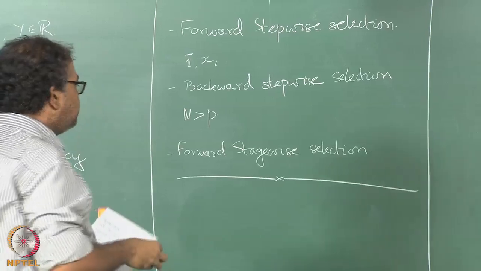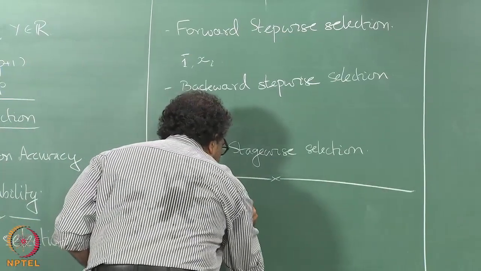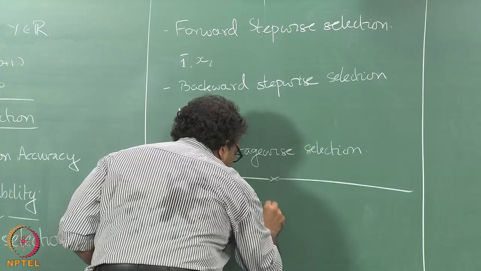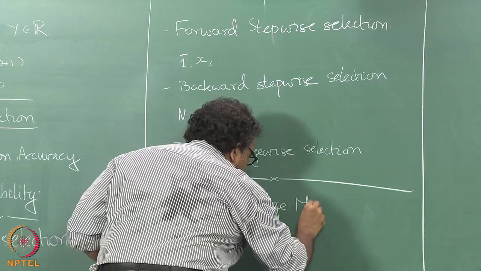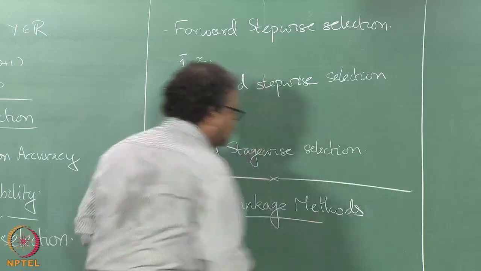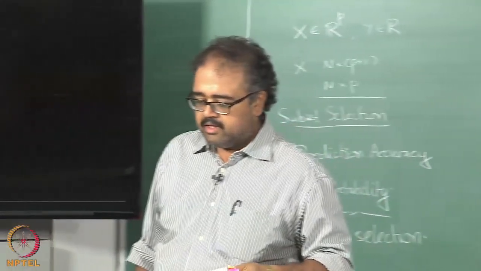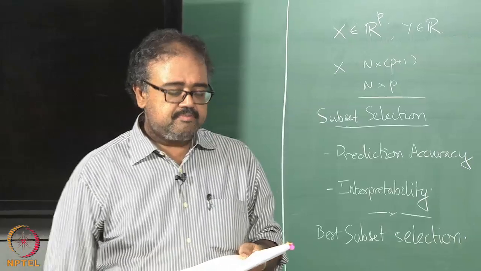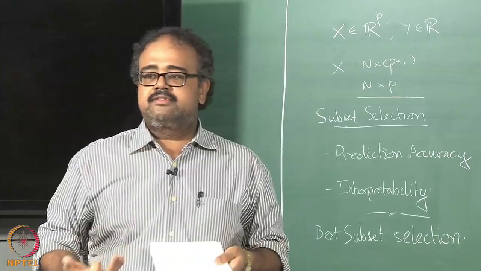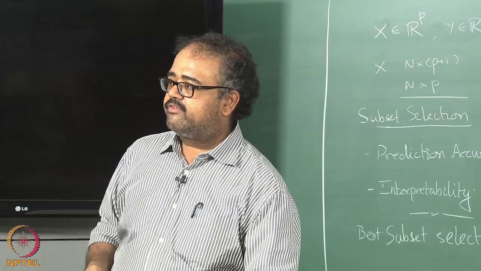So the next class of methods we will look at are called shrinkage methods, where the idea is to shrink some of the parameters towards 0.